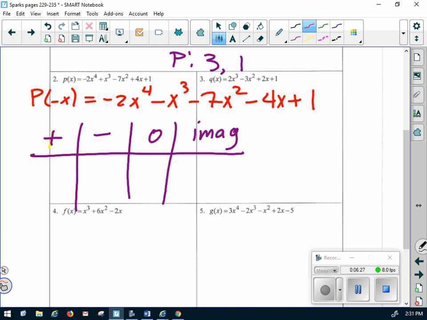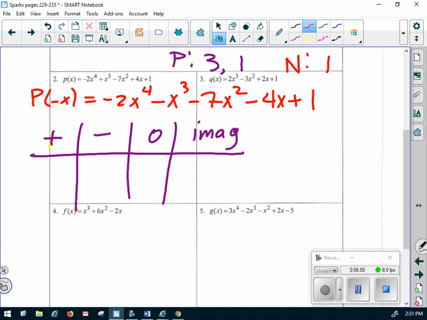The ones with an even exponent? Good. How many sign changes do we have here? Okay, so the most negative roots we're going to have is 1. We don't have any options there. We're going to have 1 negative real root.